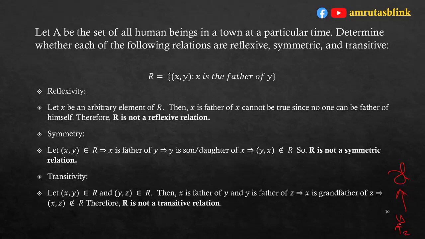So once x is a father of y and y is a father of z, that means x is grandfather of z. But in order to fulfill the condition of transitivity, x should be father of z, which is not true because in this case x is a grandfather of z, and hence R is not transitive also. This relation is not reflexive, it is not symmetric and it is not transitive also.